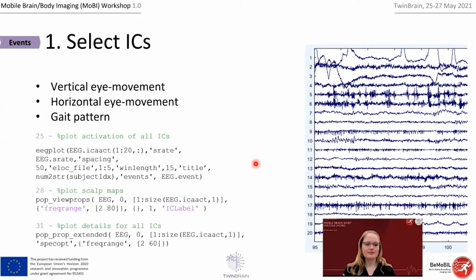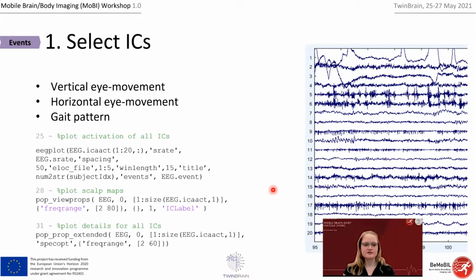So basically what I did was choosing them manually. But in preparation of this workshop, I was also thinking how this can be done automatically. So you can find this in the script file for the eye movement. I just used the IC label classification because it's pretty good for eye movement, and eye movements are not that different in MoBI setups compared to stationary setups.